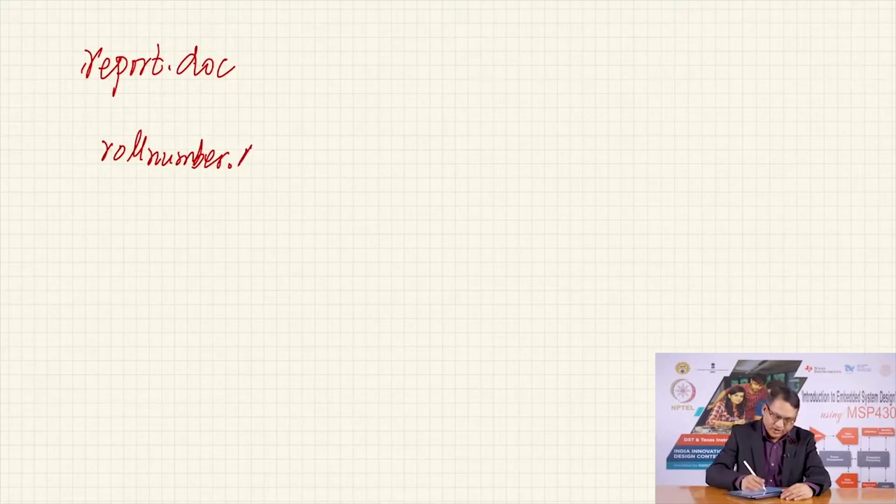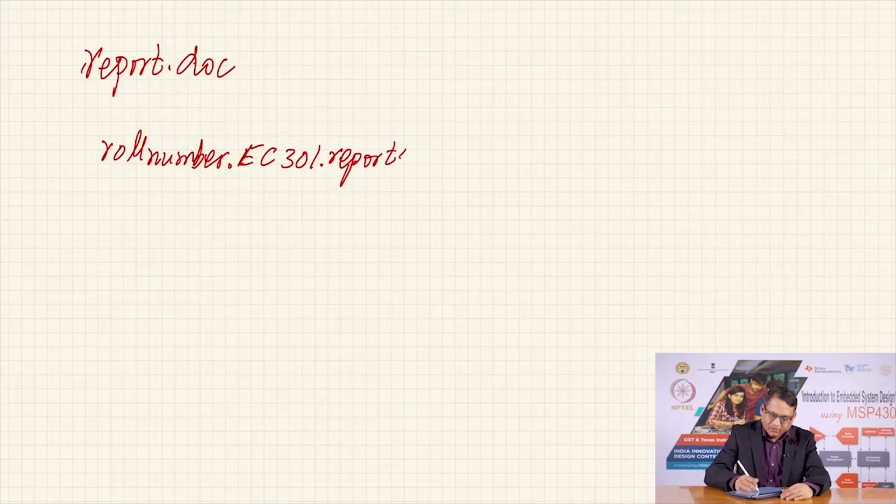Suppose we are doing EC 301, and maybe if this is your first report or if this is the first report that I have asked this class to send me, it could be report 1.doc or any other file format.